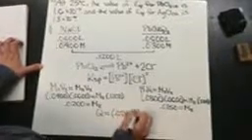And you have to square the concentration, because the coefficient was 2. And then when you solve for that, you get Q equals 6.00 times 10 to the negative 6.